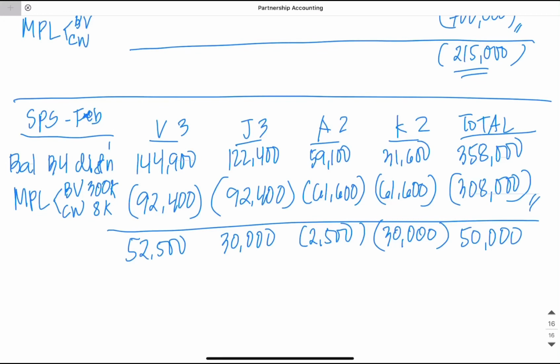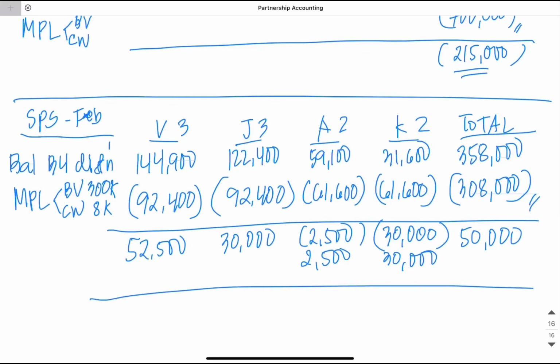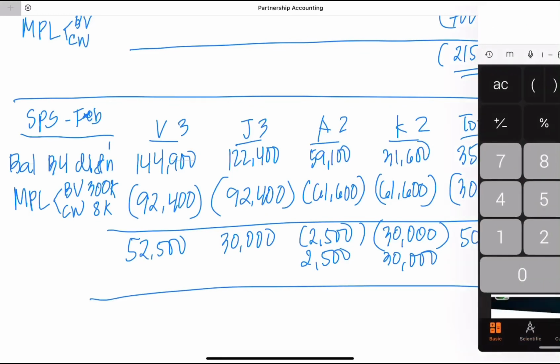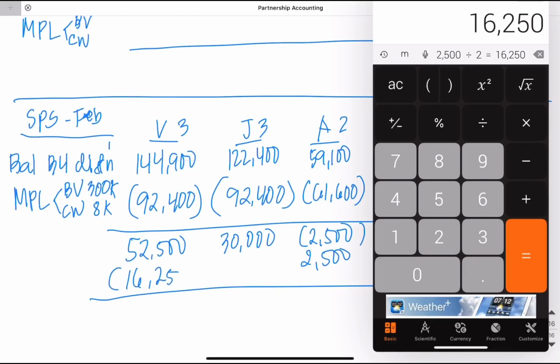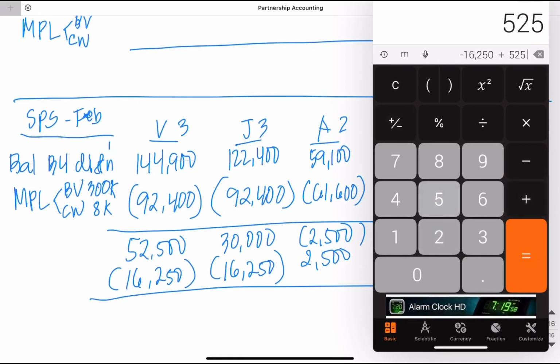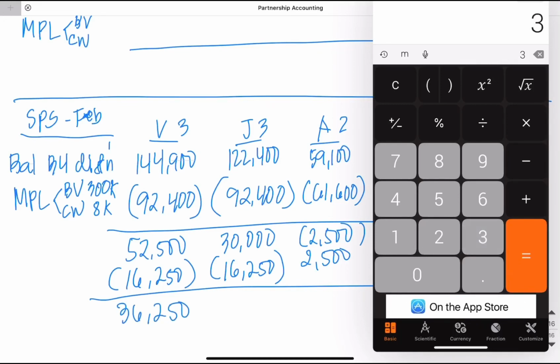So offset 2,500 and 30,000. This will be absorbed by Vince and James respectively. So that is a total of 32,500, divided by 2, so 16,250 each. 16,250 plus 52,500, Vince will receive 36,250 while James will receive 13,750.